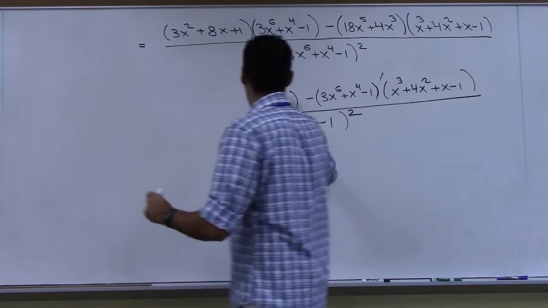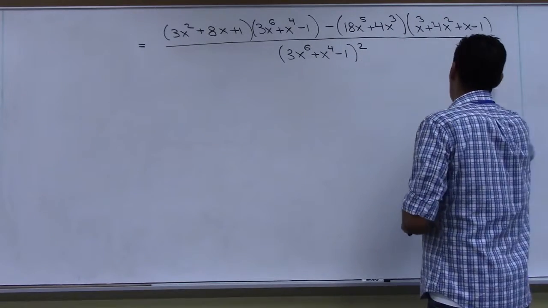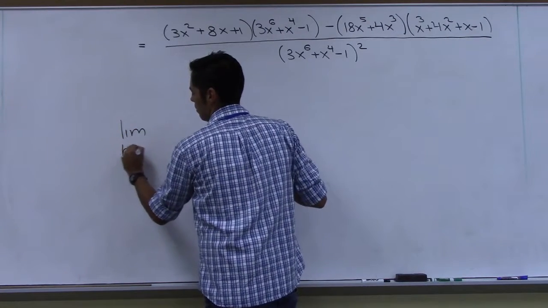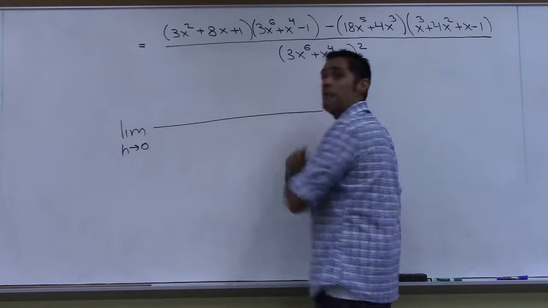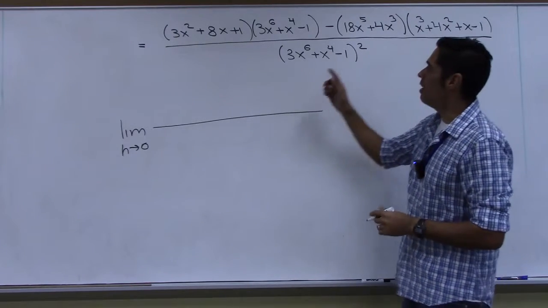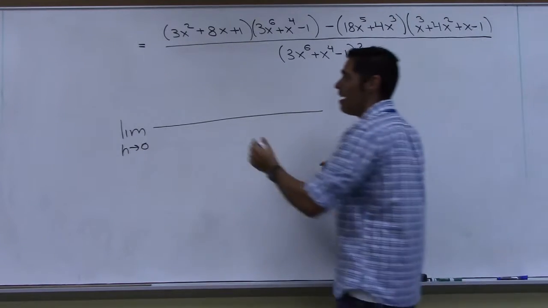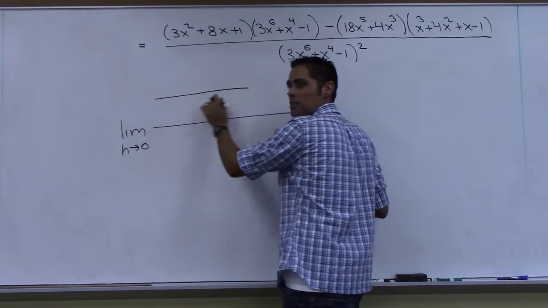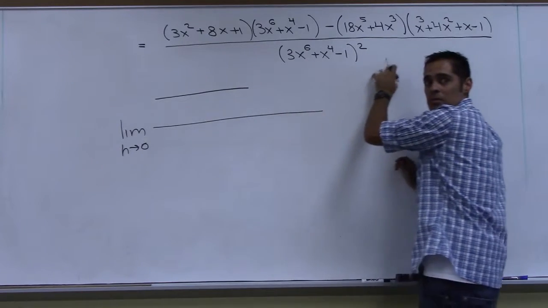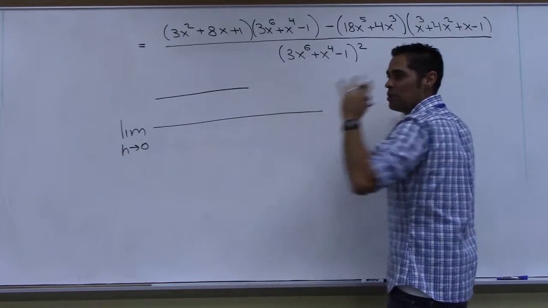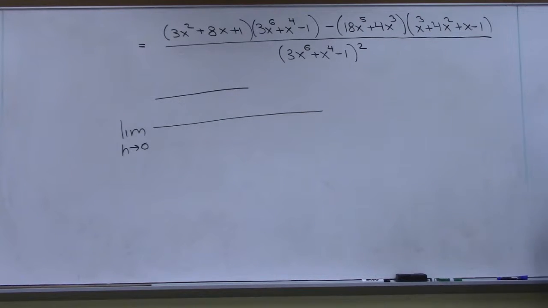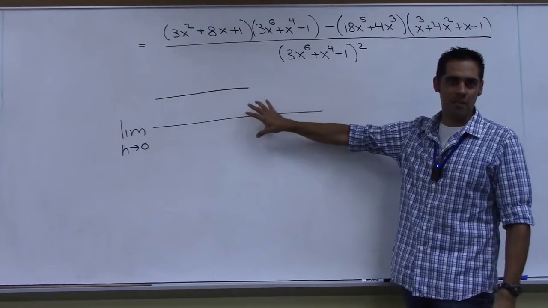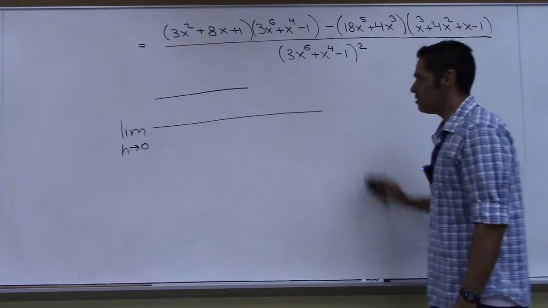But always keep in mind how much better that is than this would have been: f of x plus h, that entire rational function with all your x's replaced with x plus h's, and then minus f of x with all those, and then all over h, and then have fun with it. There's just no way. So even though this is tedious, it's not this type of tedious, which would be insurmountable.